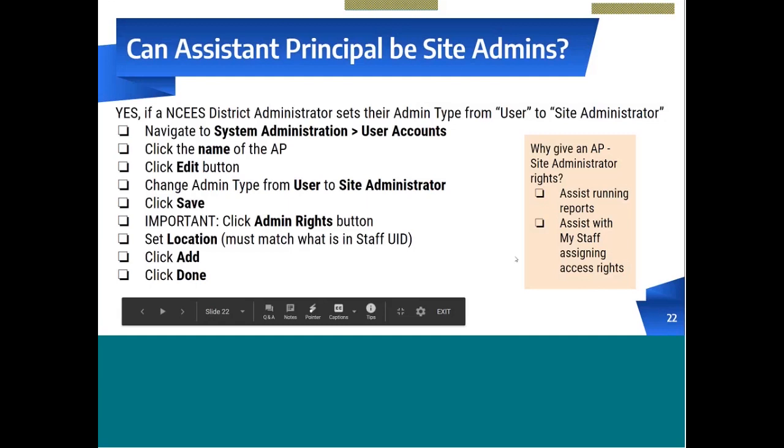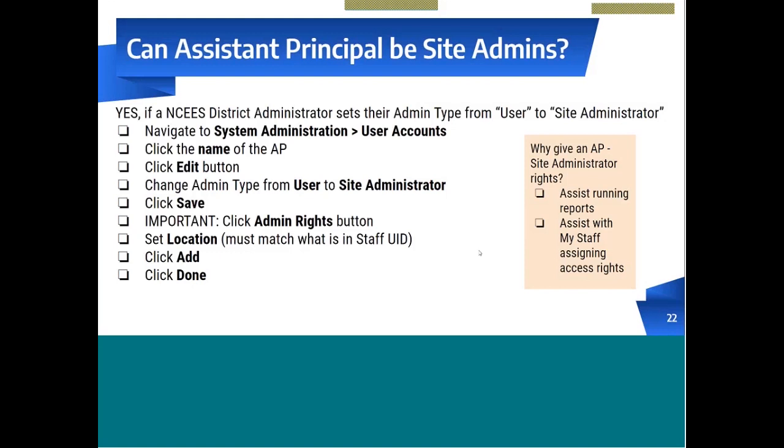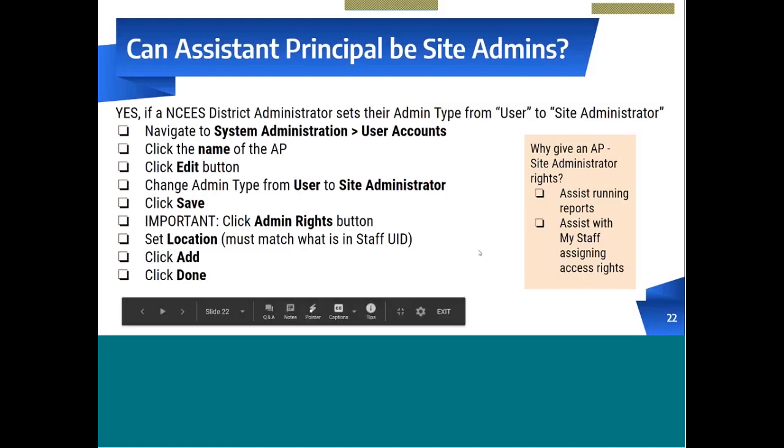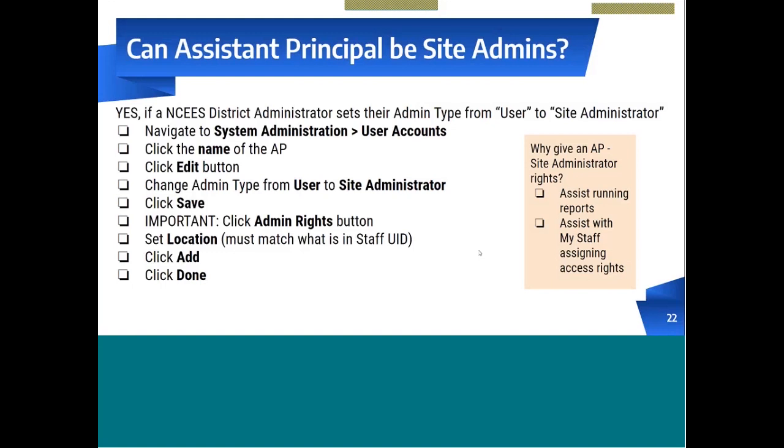In the district administrator guide, we'll list all the rights for each of these roles, so please do look through that very well. And then I always get this question, can my assistant principals be site administrators? Everybody but the code 114 comes into NCEES, and we call them users. Users can only see their information only.